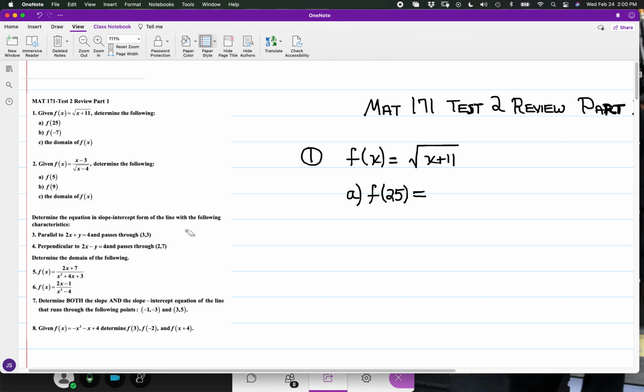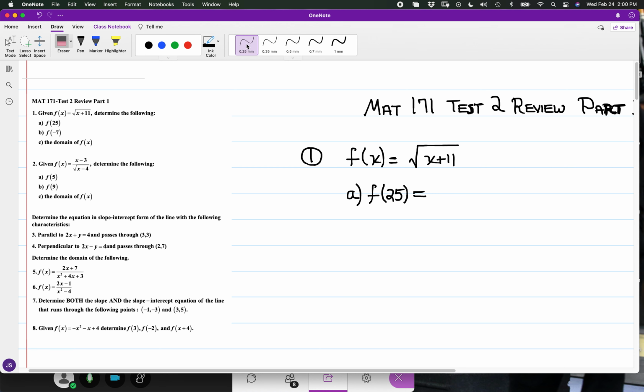For this functional notation, where we are referring to y, we have f of x, so whenever x is 25, y is f of 25. Looking at the specific value in the setup, f of the input is equal to the square root of the input plus 11.